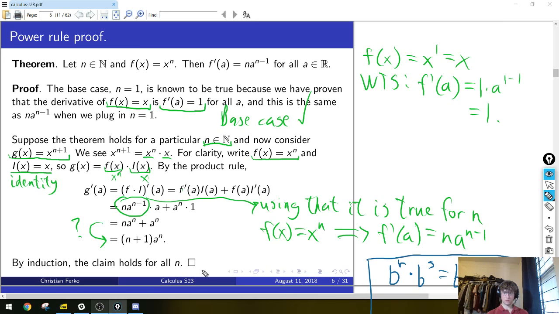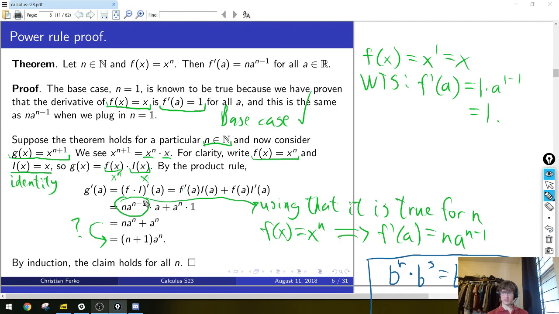What are the values of b, r, and s in this specific case that makes it true? For b you have a, for r you have n minus 1, and s you have... And s is what, you said? 1. 1, good, yeah.